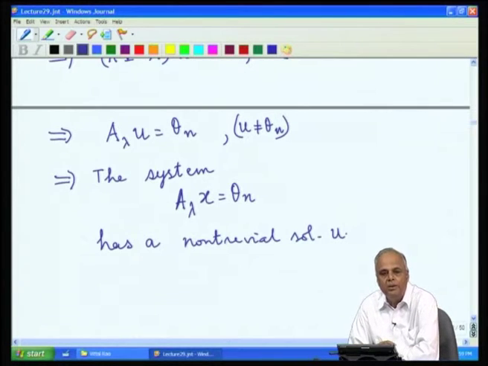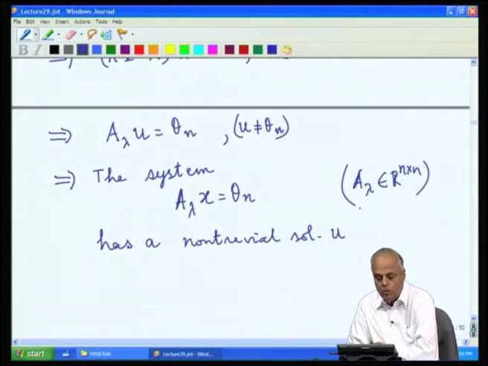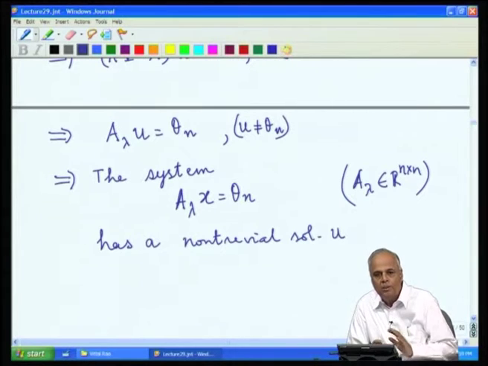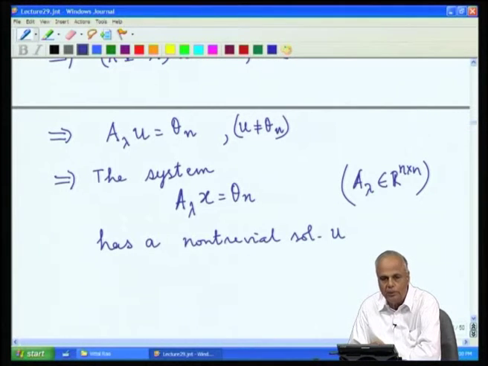Now, since A is real, lambda is real, I is real, A lambda is also a real n by n matrix. So, this is a homogeneous system whose matrix is A lambda, and it has a non-trivial solution u.